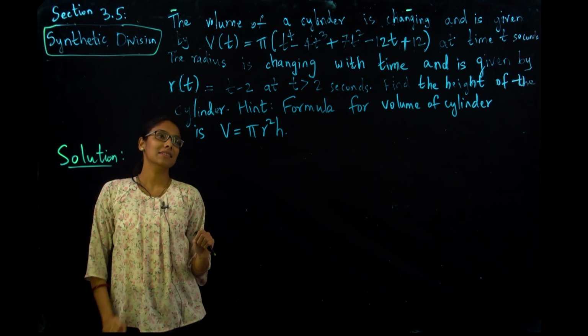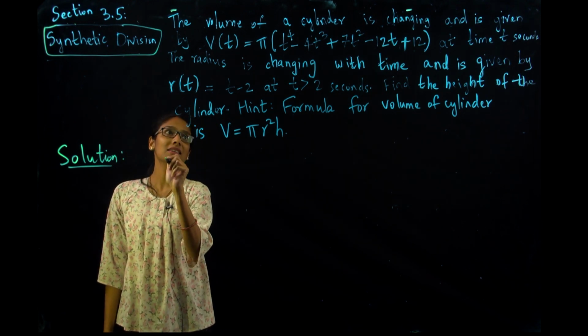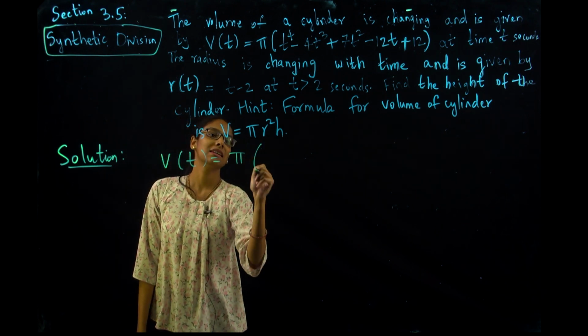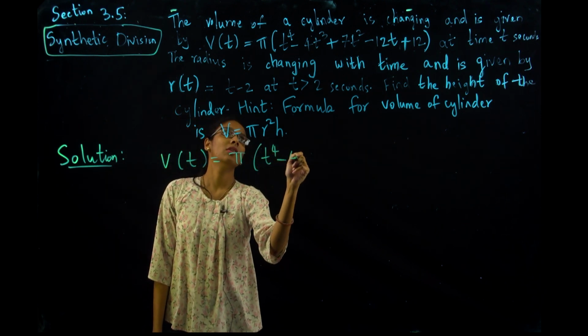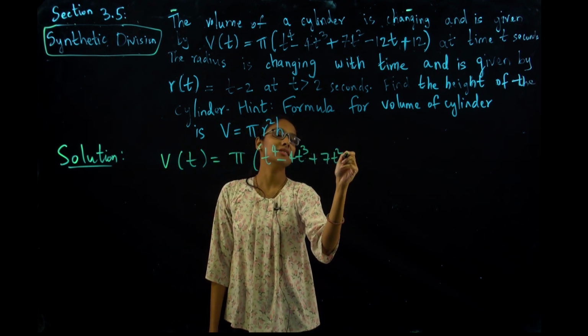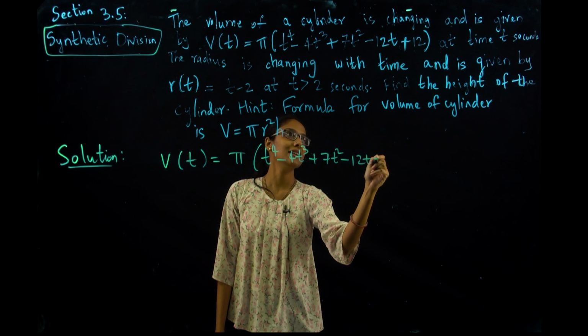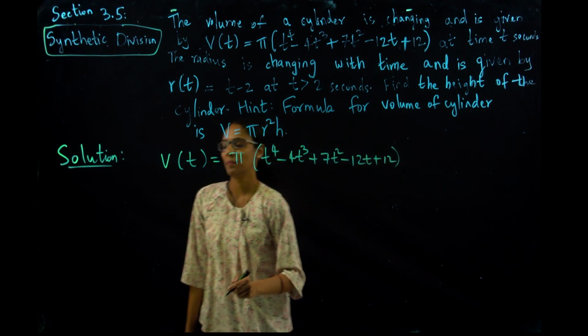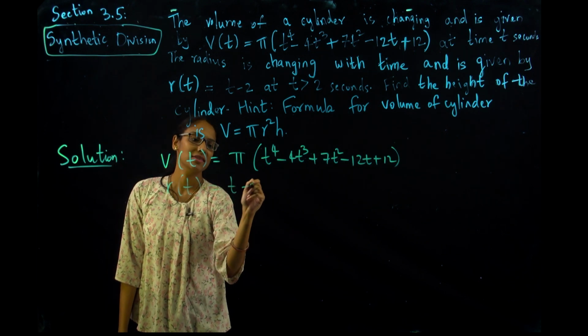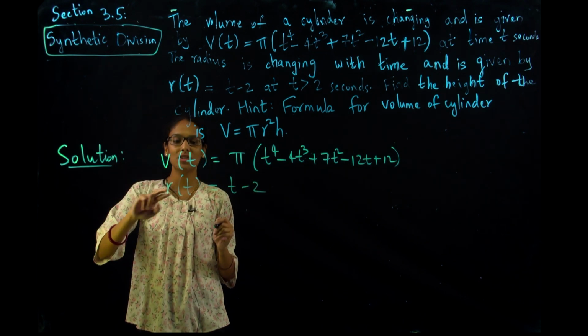So to start this, first let's write out the given data. We are given volume V of t equals pi times t to the 4 minus 4t cubed plus 7t squared minus 12t plus 12. Radius r of t is t minus 2, and both of these are functions of time t.